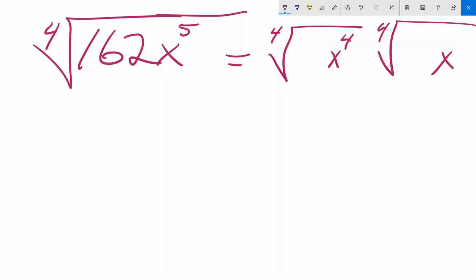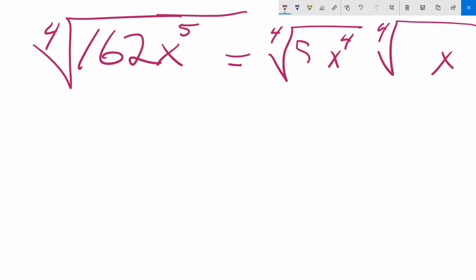Now, 162 is not a perfect exponential factor of anything. So cut that in half. 81. Is that a perfect 4th of anything? No. Yeah, it is. Just think small numbers. Yeah, 3. Exactly.